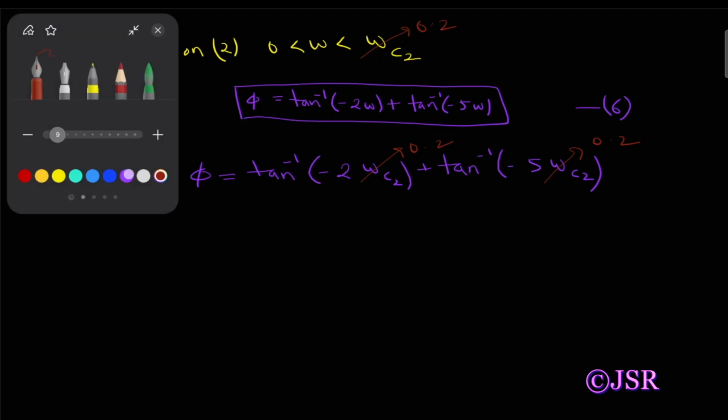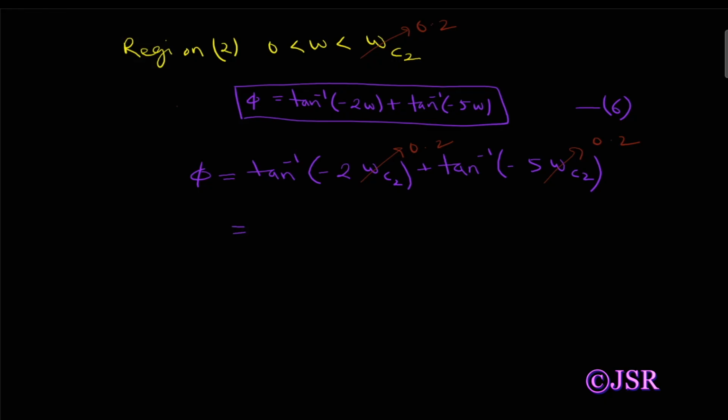So finally we will have tan inverse of minus 0.4 plus tan inverse of minus 1, and this will be minus 45 degree.